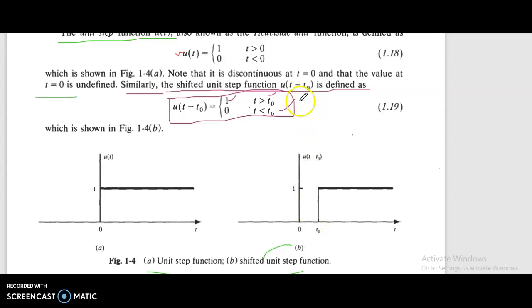We'll see here u of t minus t naught is 1 when t is greater than t naught. This is the t naught.